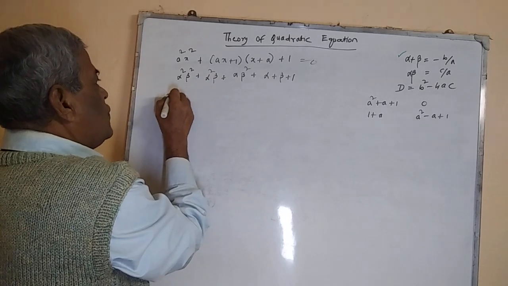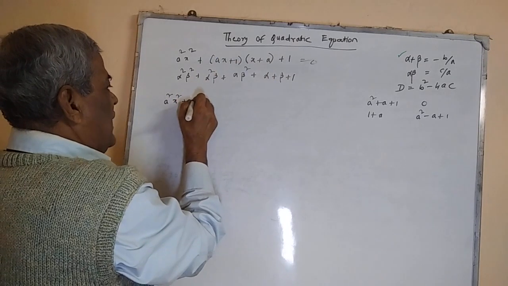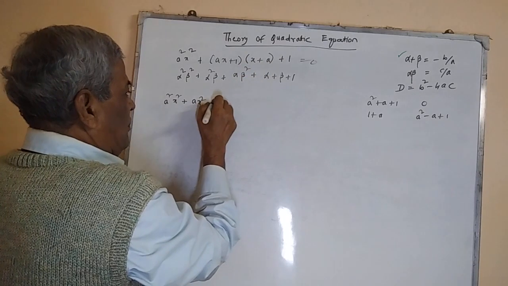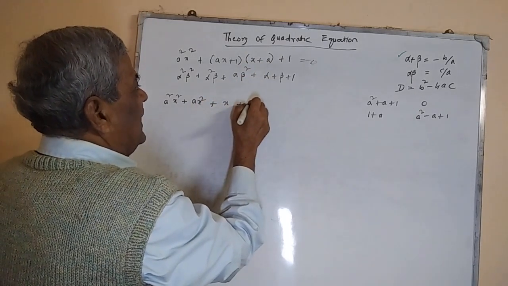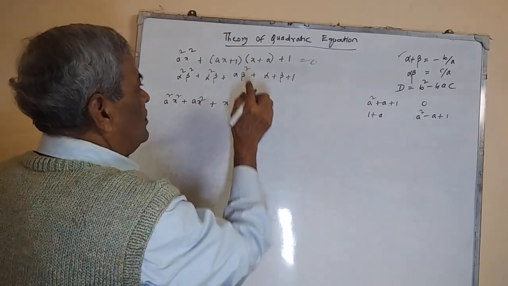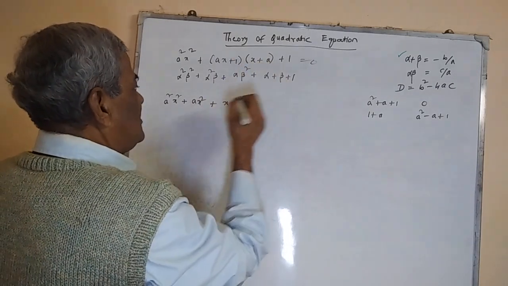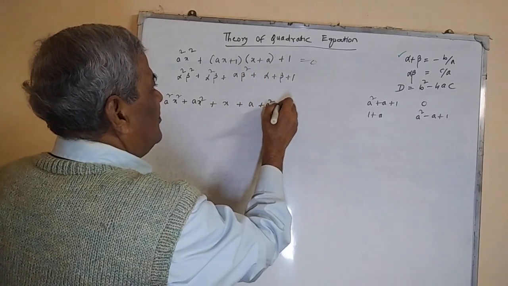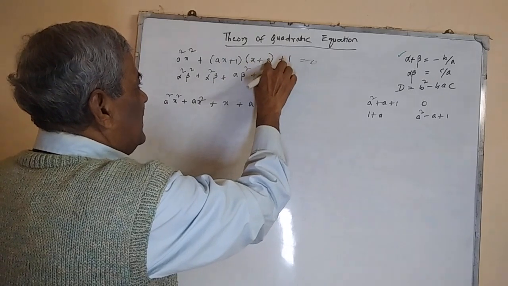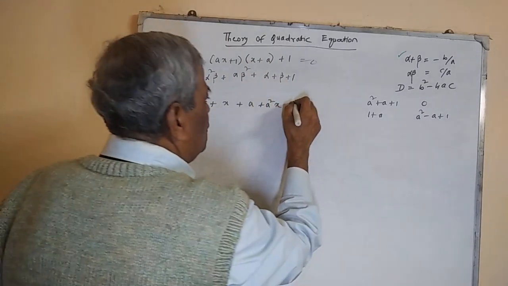It is a square x square plus ax square, plus a square x, plus x plus a, plus 1 is equal to 0.